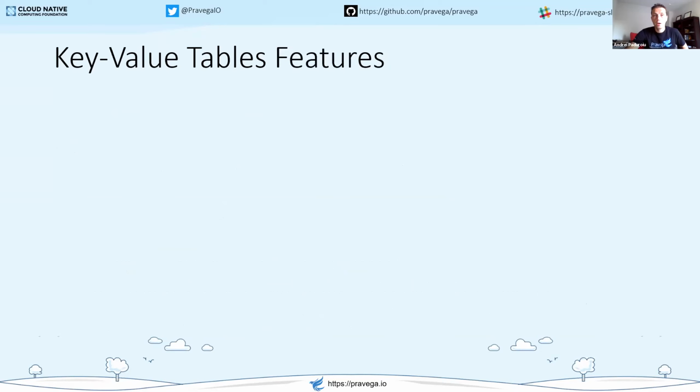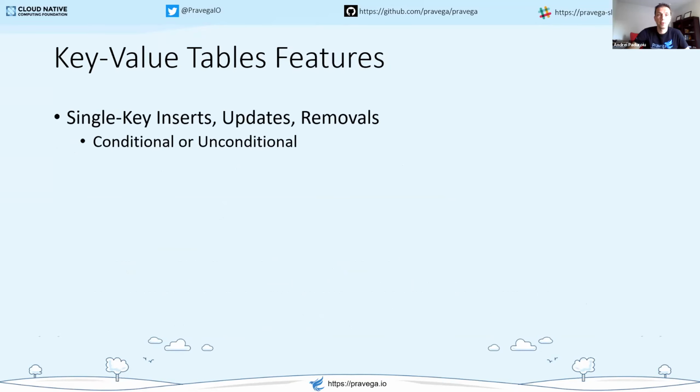All right, so a quick summary of the features supported by KeyValue tables. You can do anything you expect with a hash table. You can do single key insertions, updates, and removals, and they can be conditional or unconditional. What does conditional mean in this case? Every time you insert or update a key, it gets a server-assigned version, which you can view as an E tag.